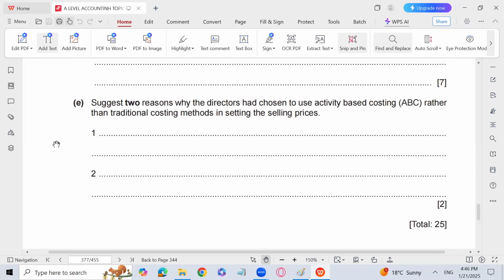State the reason why the directors had chosen to use activity-based costing rather than traditional costing system in setting the selling price, because it gives you more accurate cost, right? It gives a better estimation because the cost is consumed through activities.